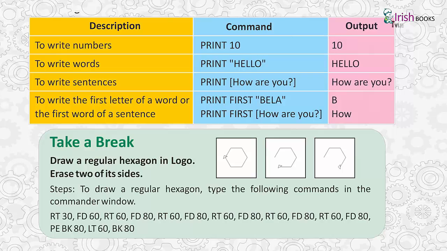Take a break. Draw a regular hexagon in Logo. Erase 2 of its sides. Steps. To draw a regular hexagon, type the following commands in the commander window.